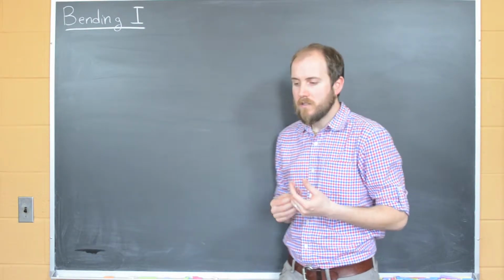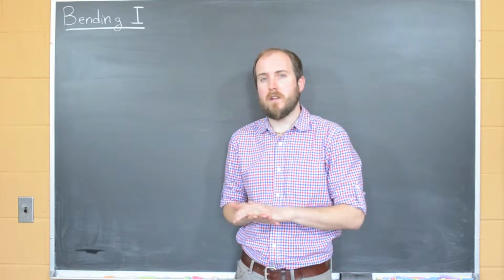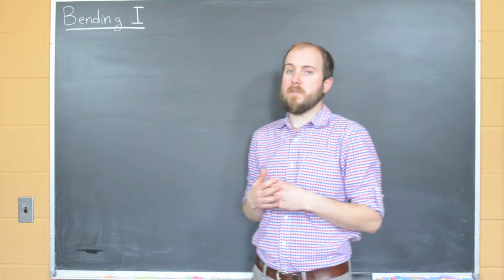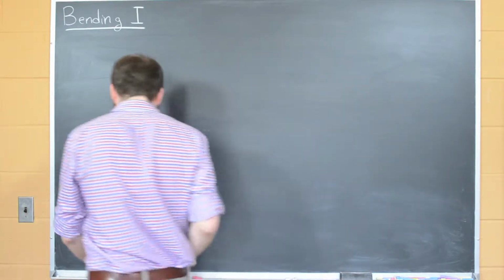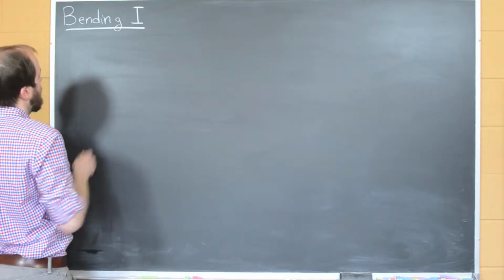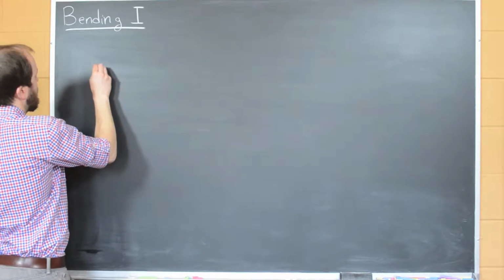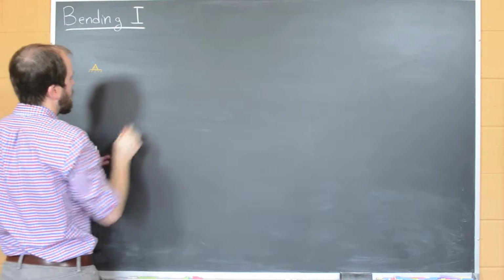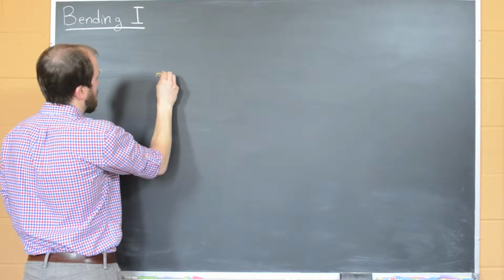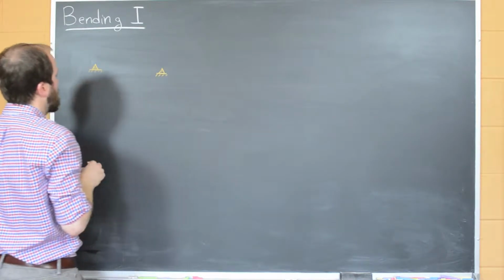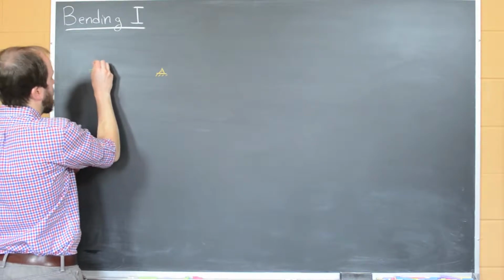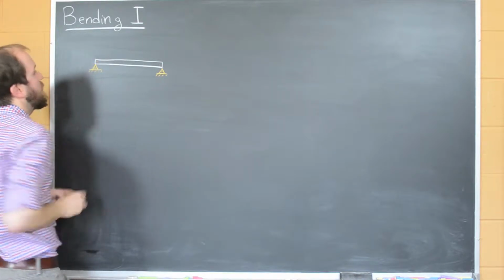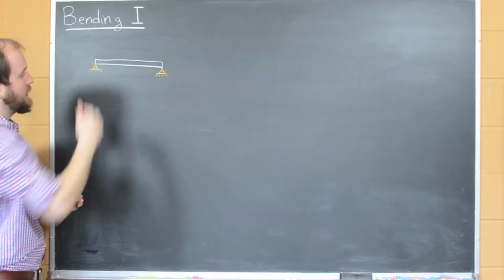And so to start, we're going to consider what should be familiar territory to you, which is the transverse loading of a beam. What that means is you have a beam that's horizontal, in say a gravitational field, and we're going to apply a force perpendicular to this.